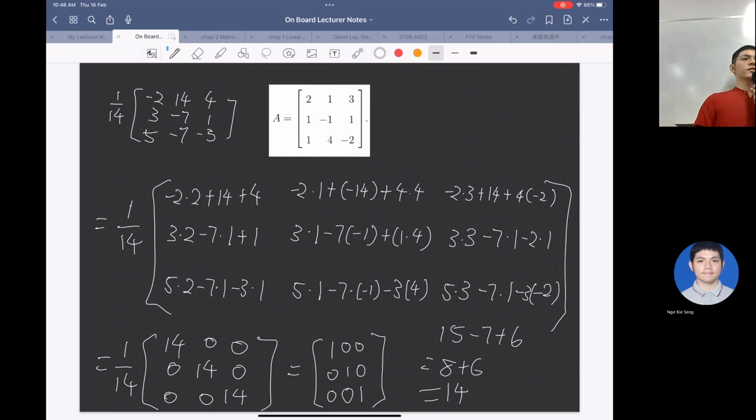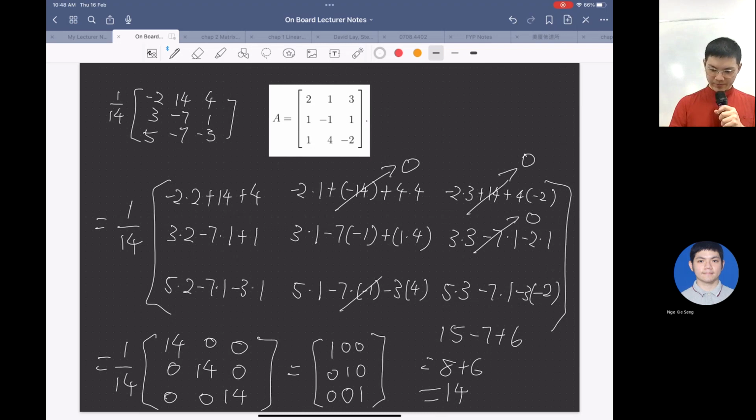Is everyone following? Okay. So you can check that this goes to 0. When the terms go to 0, you can see how these numbers split and cancel out each other differently.